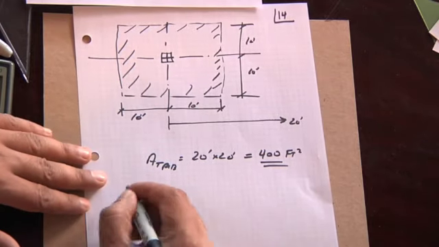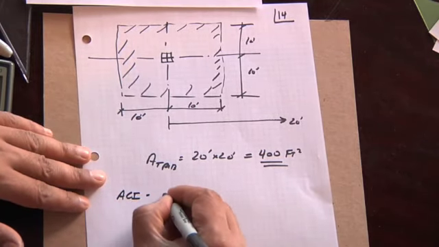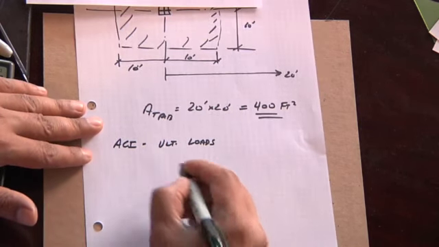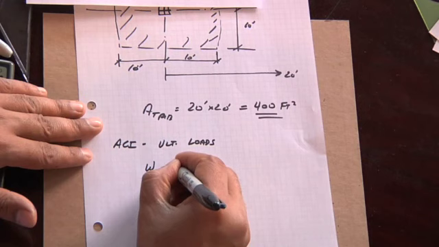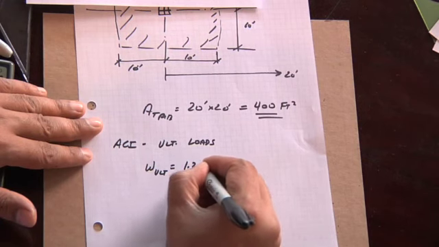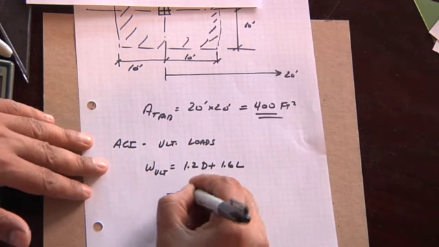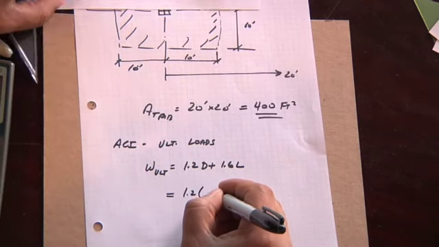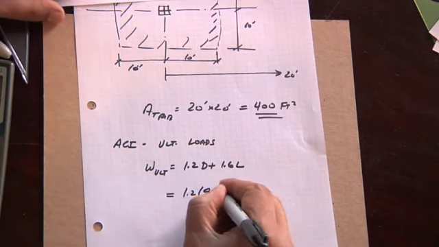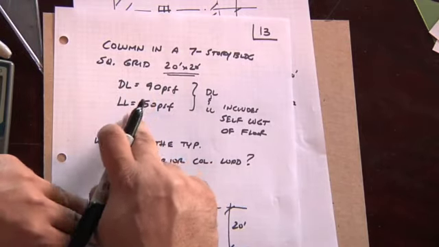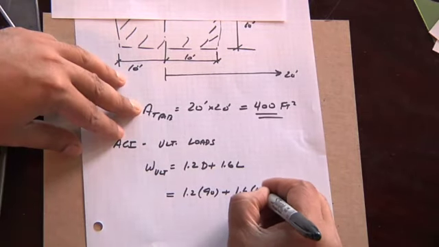According to ACI, we have to use ultimate loads. So let's calculate what that ultimate load is: 1.2 times the dead load plus 1.6 times the live load. Our dead load is 90, and 50 is our live load. So 1.2 times 90 plus 1.6 times 50.